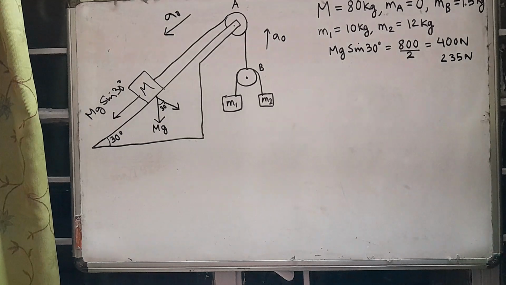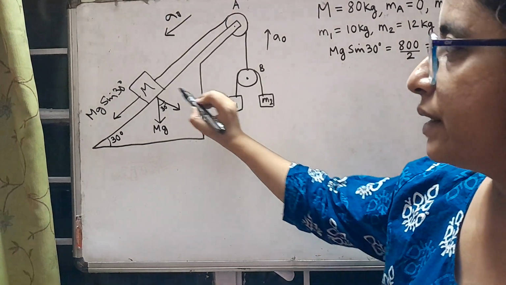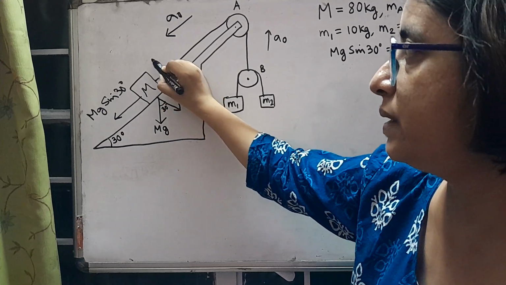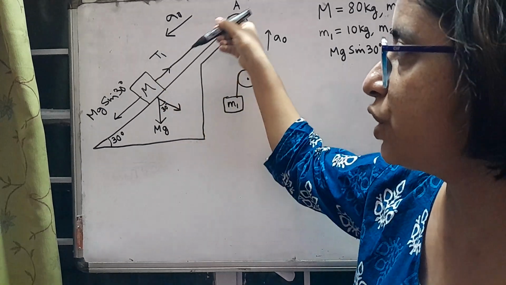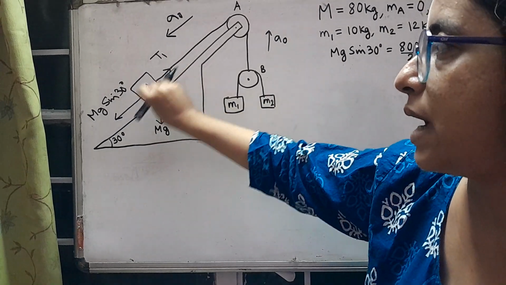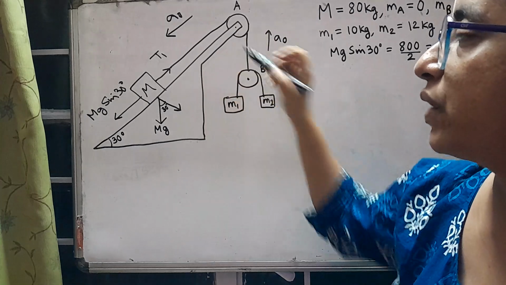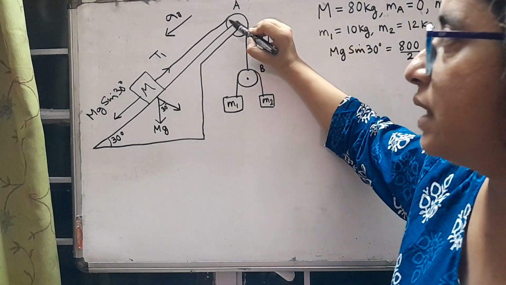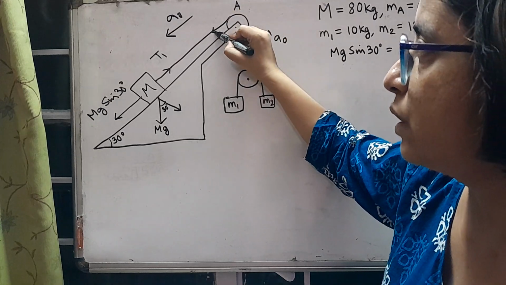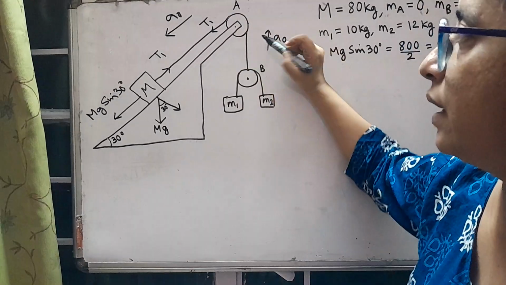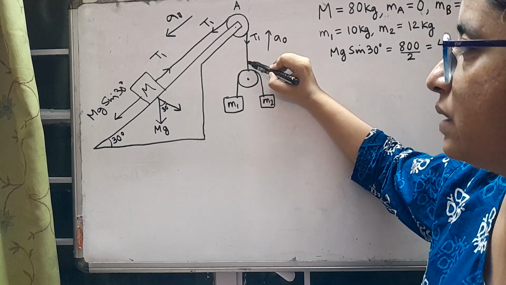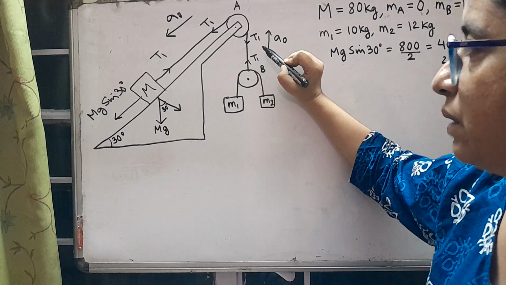So now let us resolve the tension. Tension in this string, let it be T1, is a pulling force. So it pulls in this direction. Pushing would be like this, pulling would be like this. So tension is a pulling force, so it acts along this direction. On the same thread, the tension will be the same. So for this pulley, that will be a pushing force, T1, and here a pulling force, T1.